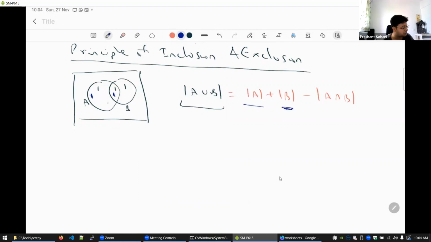The mod B part counts all the elements in B once each. So as a result, some regions are getting counted correctly, but the middle is getting counted twice, 1 plus 1. Therefore, you have to subtract one copy of this intersection, which is A intersection B. This is the simplest two set case of inclusion exclusion.